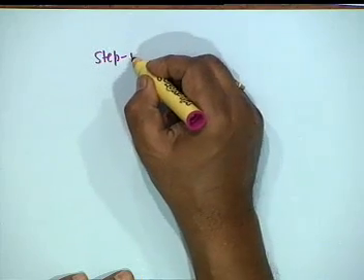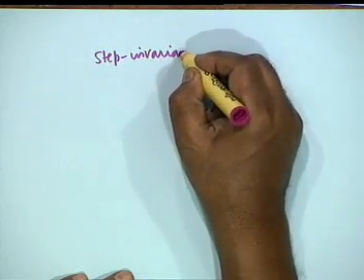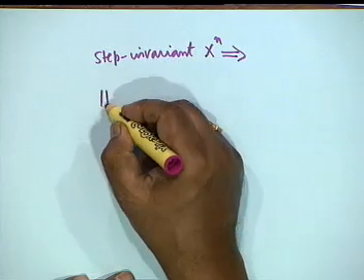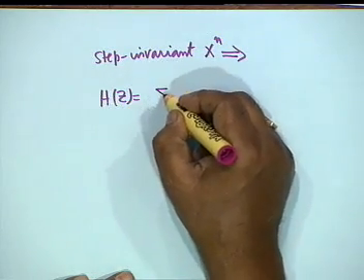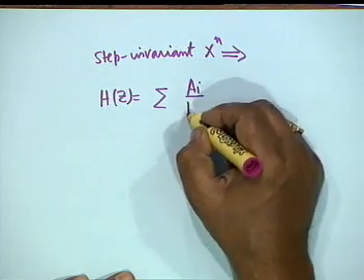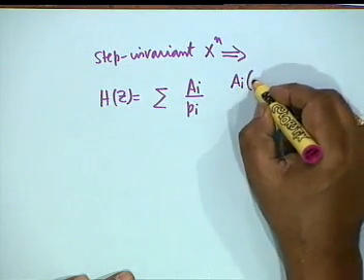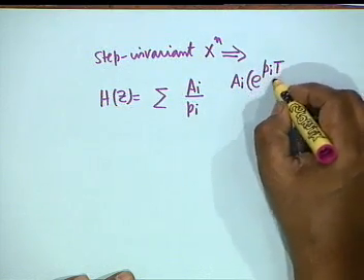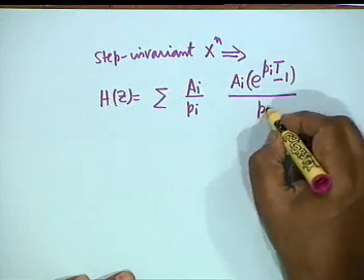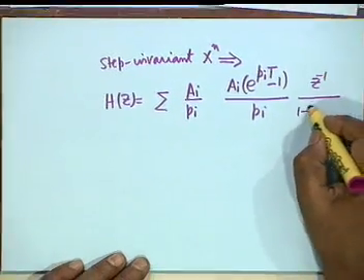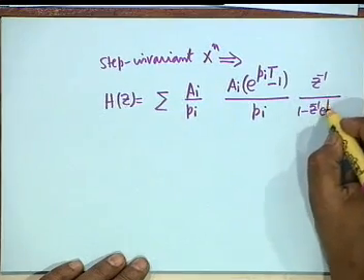Let me write it again. Step invariant transformation leads to a transfer function equal to summation a sub I divided by p sub I. Then let me collect the constant term, e to the pit minus 1 divided by pi, and the z inverse divided by 1 minus z inverse e to the pit.